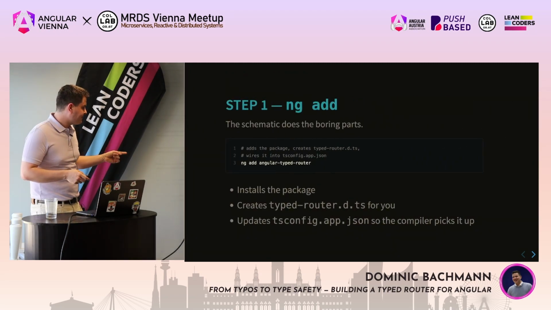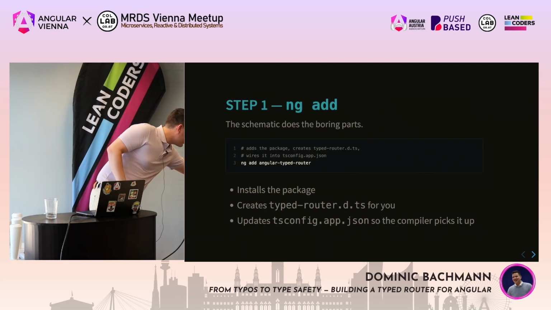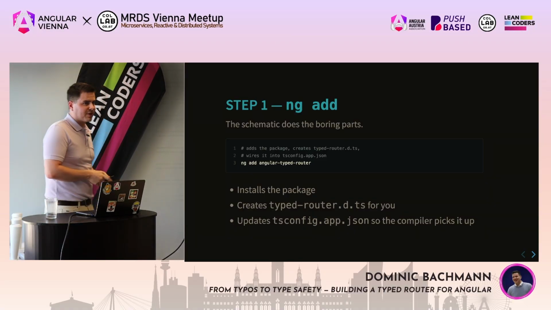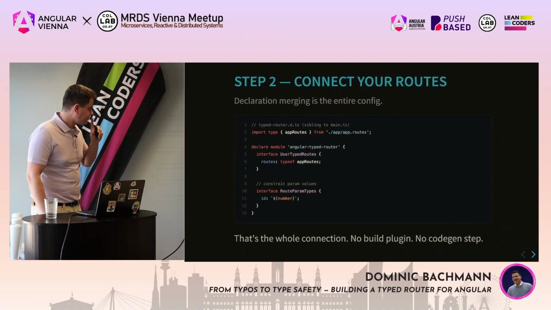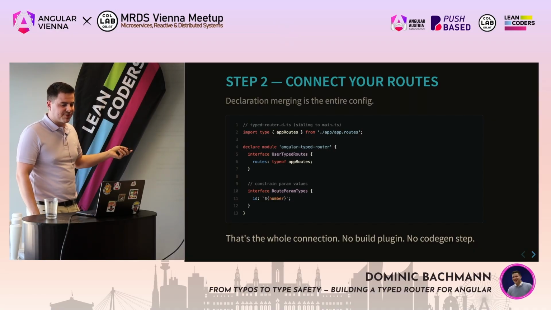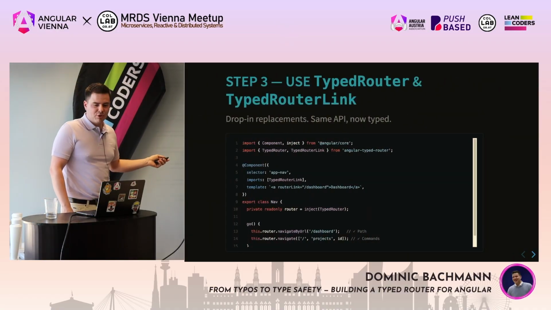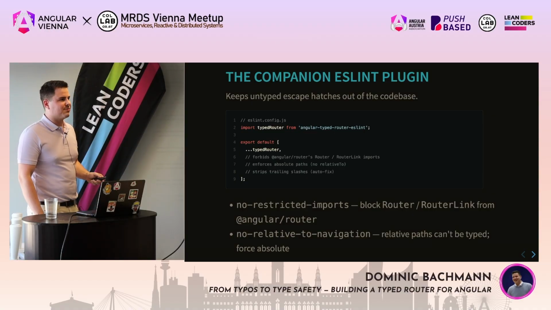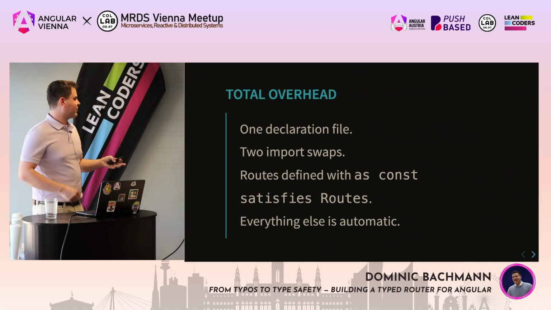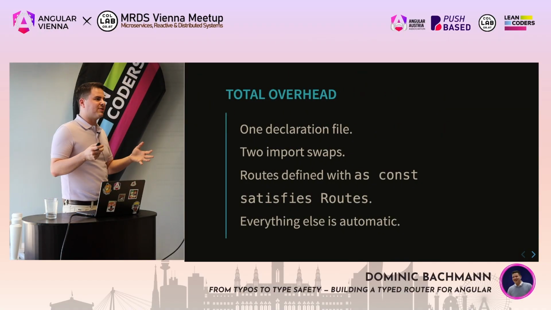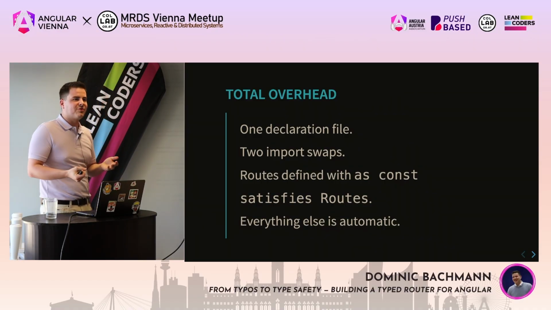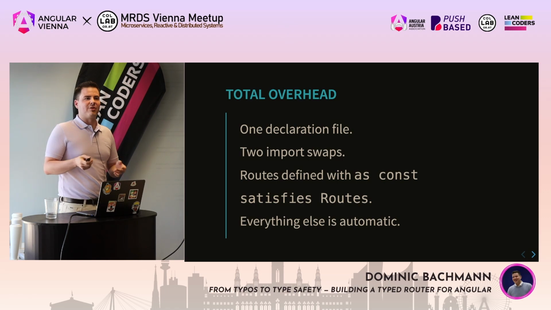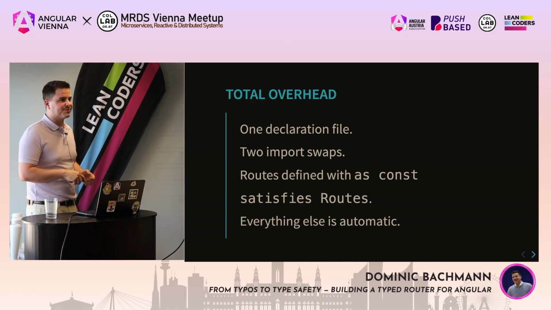So we do ng-add, and it registers the typed router definition file in the tsconfig, so that TypeScript can pick that up. We connect our routes, and we swap the imports, done, and we can set up the companion ESLint plugin. So the total overhead for having this typed routing experience is one declaration file, two import swaps, and the asConst satisfies Routes, and everything else happens automatically.